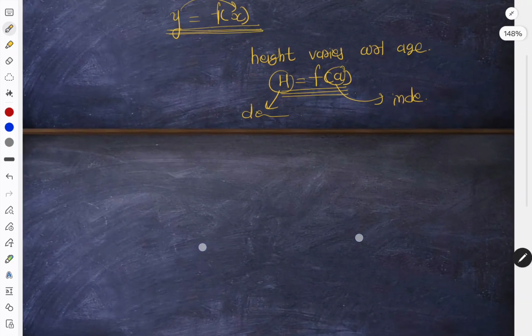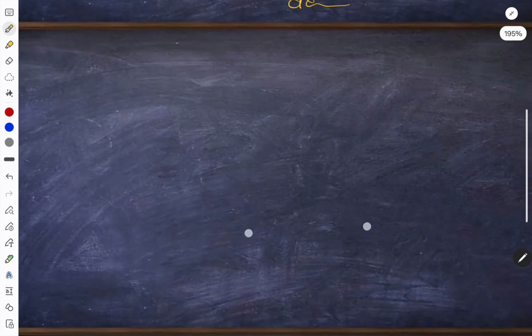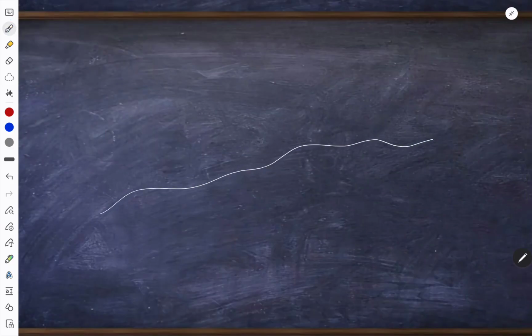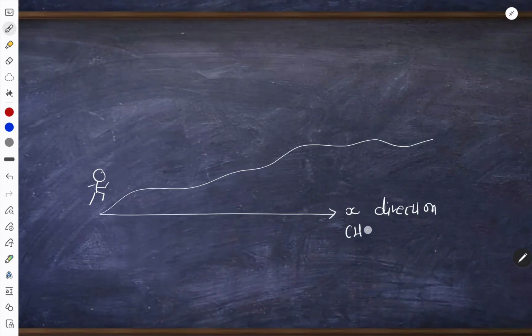Let us say you have this slopey area, and here you are walking with some motivation. When you are trying to move forward in the x direction, you can call it horizontal.